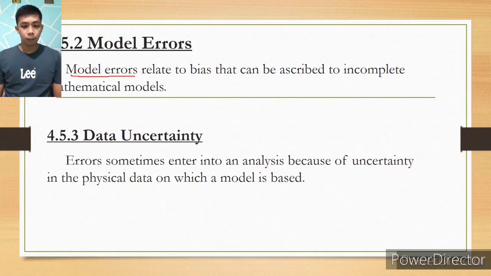Then next is model error. Model error relates to bias that can be ascribed to incomplete mathematical models. Data uncertainty: errors sometimes enter into an analysis because of uncertainty in the physical data on which a model is based. So that's all.